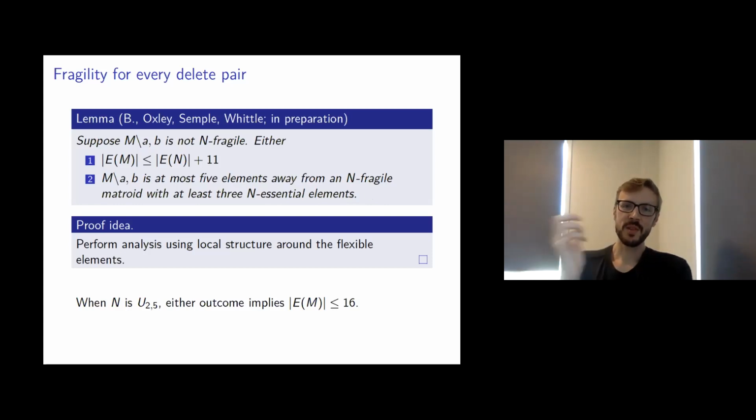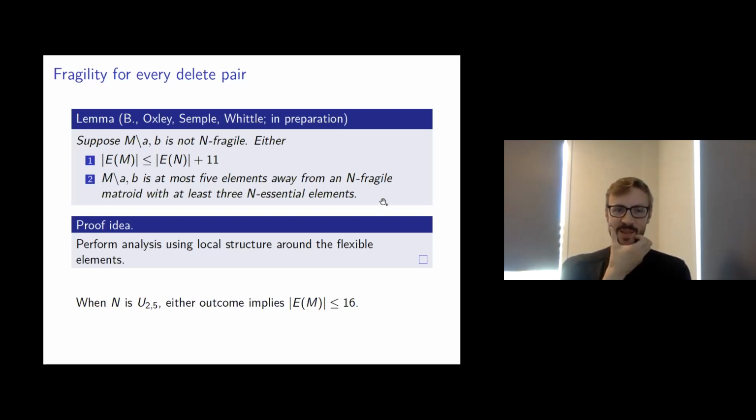Okay, so we're able to completely eliminate that annoying case 3 that we saw earlier using this. And the way that we prove this is using the local structure that we obtain when M delete AB is not fragile. So we know about this local structure, and we have potentially a few different options for delete pairs, and we play off the local structure against each other, and it's quite a painstaking analysis, but we eventually get to this here.